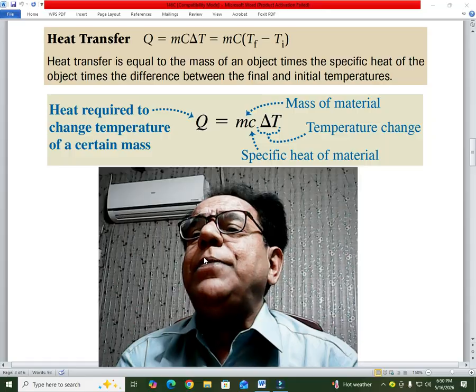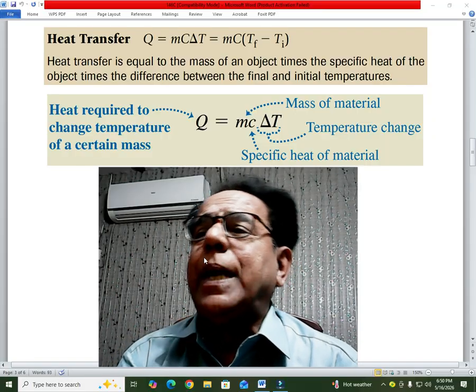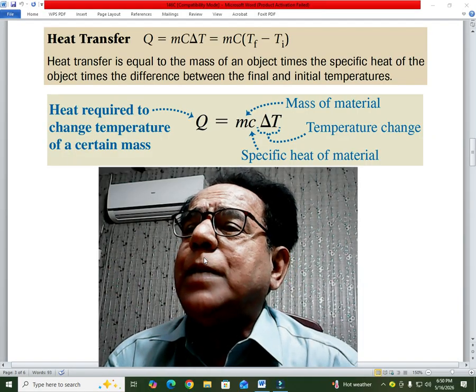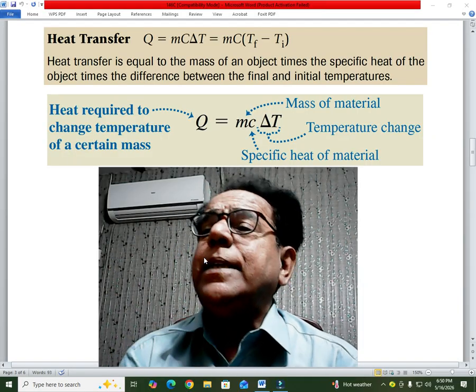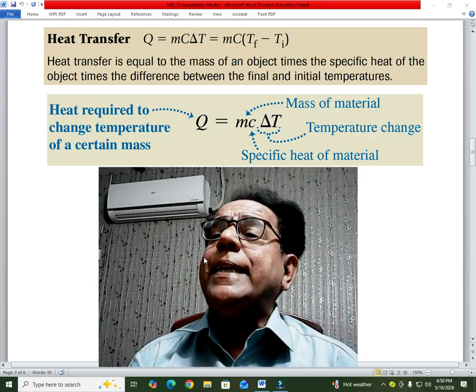This alternatively becomes equal to m capital C into Tf minus Ti, where f and i are written as subscripts of T, that is final temperature minus initial temperature, that is change in temperature.